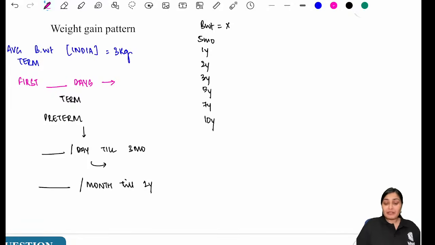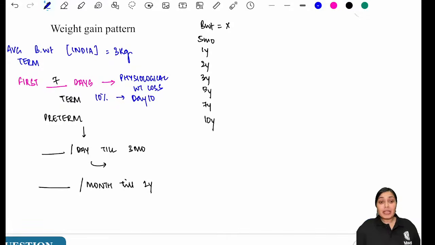And in the first 7 days of life, there is no gain in weight. There is actually loss of weight. This is known as physiological weight loss. Every baby is going to lose that weight. Term babies can lose up to 10%, which is regained by day 10 of life. And preterm can lose up to 15%, which is regained by day 14 of life.